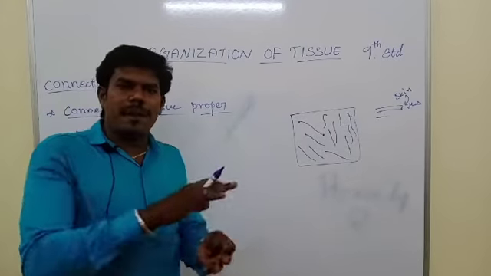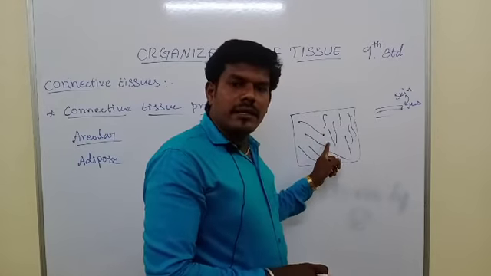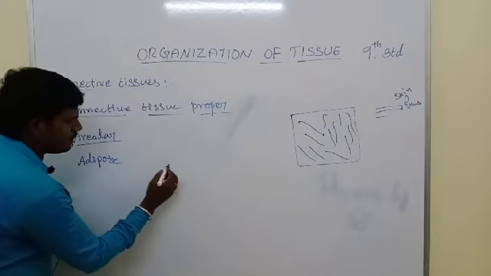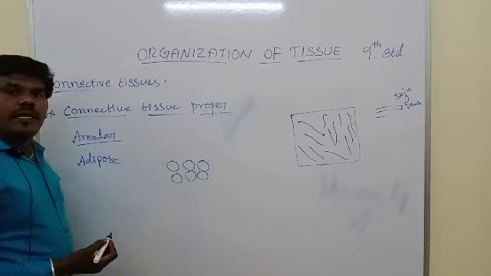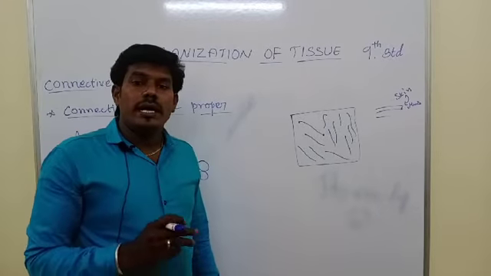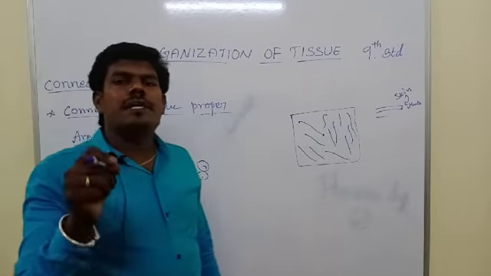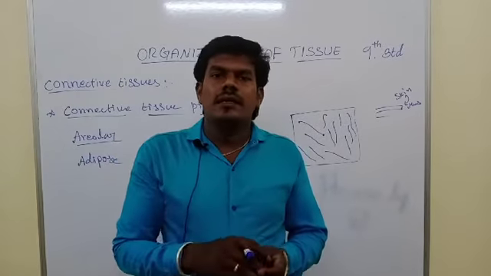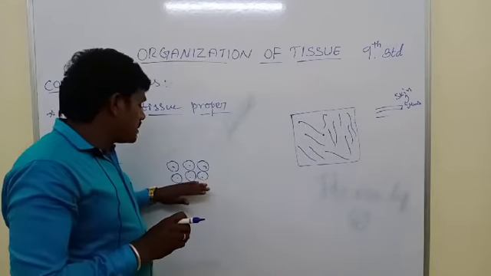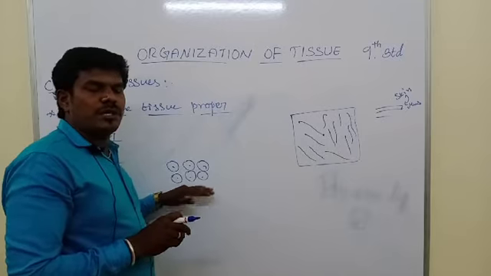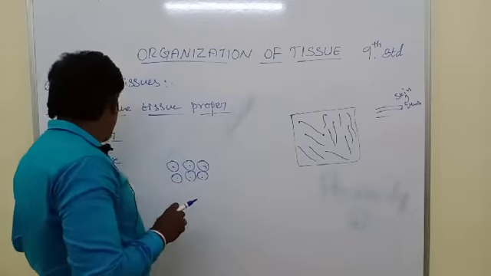Aggregation means they deposit. The cells have an empty space, and in that empty space the fat is deposited. So which substance is deposited inside adipose tissue? Just write fat. Where the fat is deposited is adipose tissue.